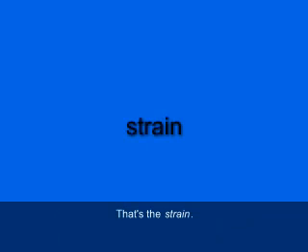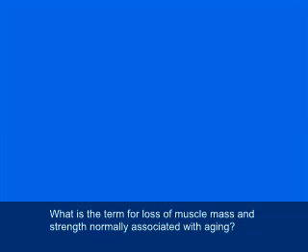Well, that's the strain. What is the term for the loss of muscle mass and strength that's normally associated with aging? That's sarcopenia.